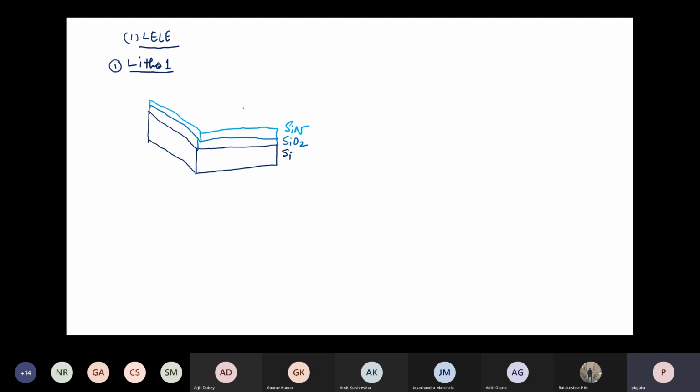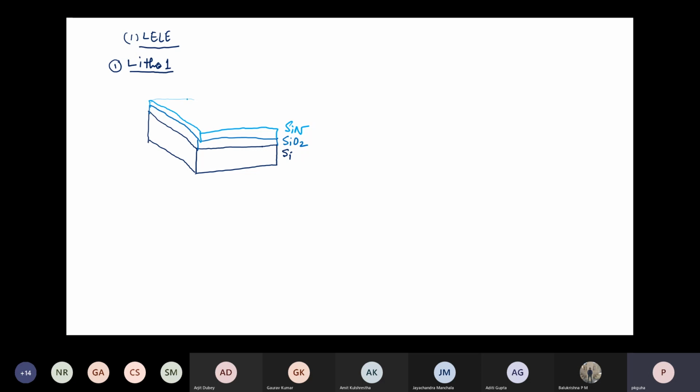And on top of this, what I did was create a resist pattern. Say the resist pattern looks like this.